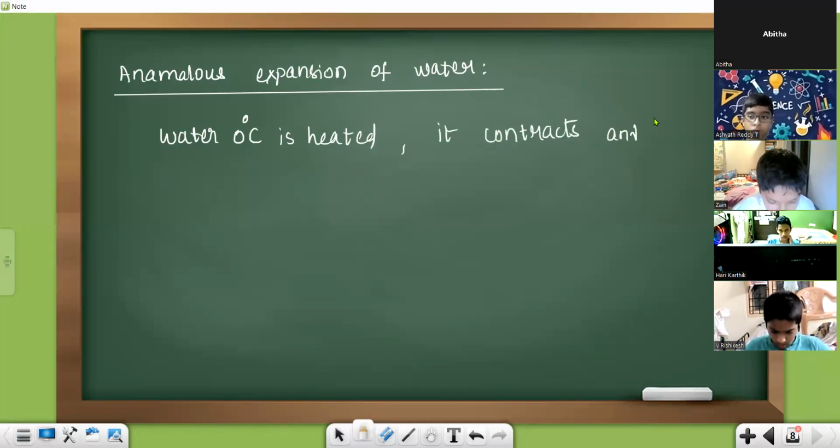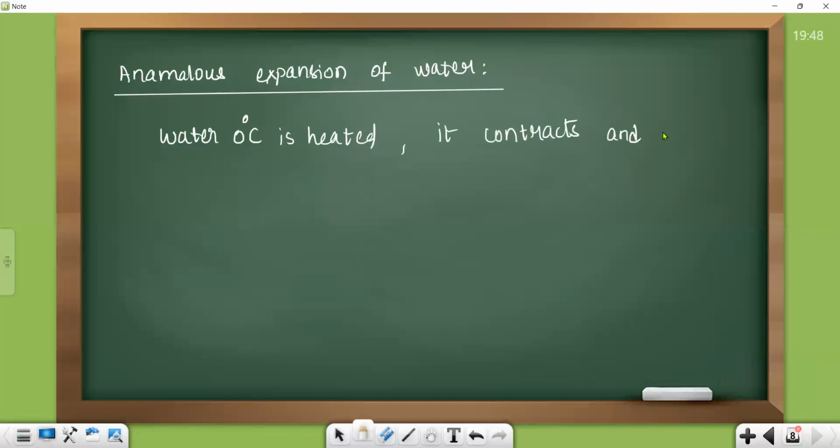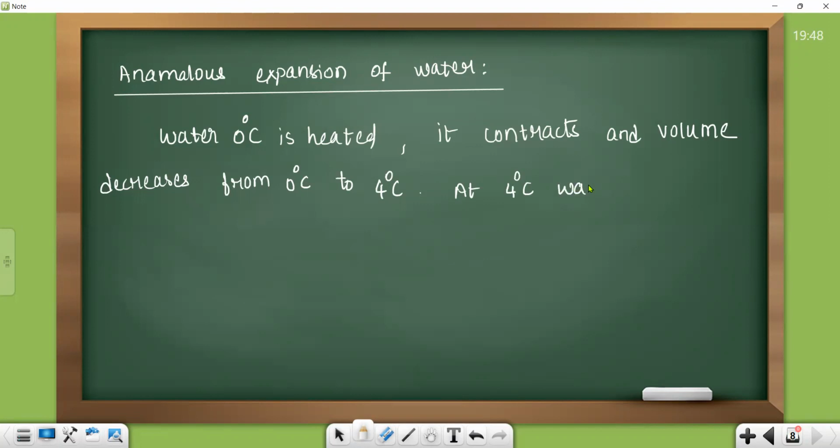It contracts and volume decreases from 0 until 4 degrees Celsius. It means at 4 degrees Celsius, water has minimum volume. If volume is minimum, what will be its density, students?